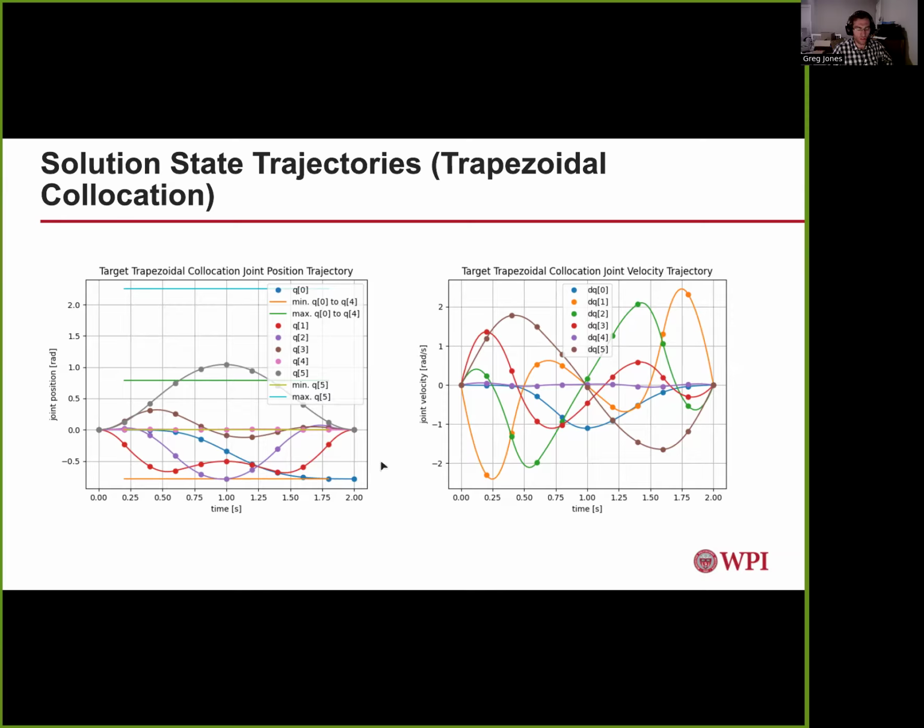On the left-hand side, all the bounds are satisfied correctly, and the start state was 0, the end state 0, except the final joint being about pi over 4, 0.78 radians. So that looks good.